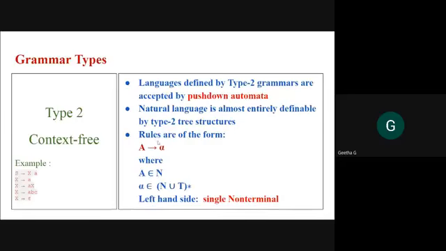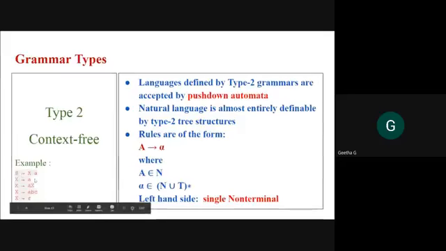So what is context-free grammar? The left-hand side has only one non-terminal, rewritten as combinations of terminals and non-terminals. All the productions have only one non-terminal on the left-hand side, replaced with terminals, or terminals followed by non-terminals, all the combinations; even epsilon can be replaced.